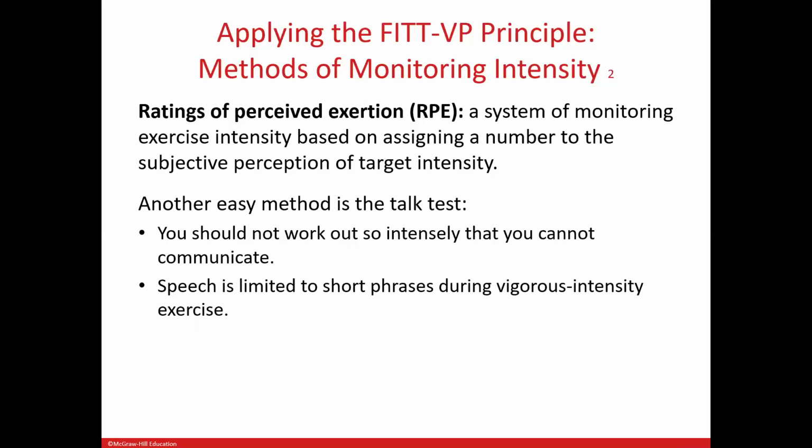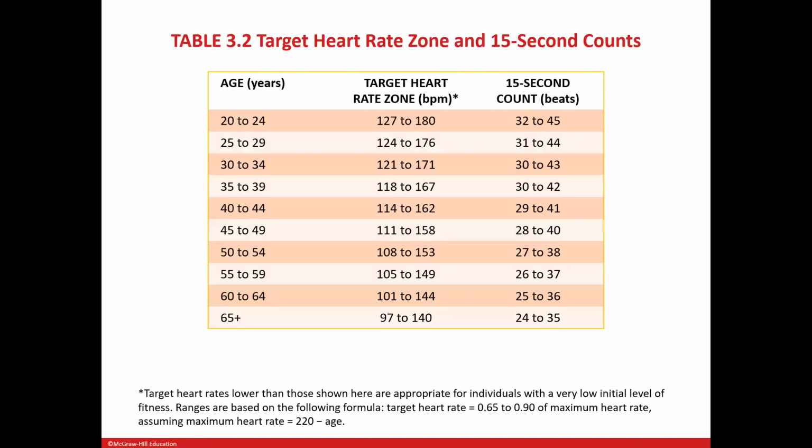If you're not able to talk during an exercise, you're doing a vigorous exercise. If you are able to, you're doing a light to moderate exercise, like we talked about last week.